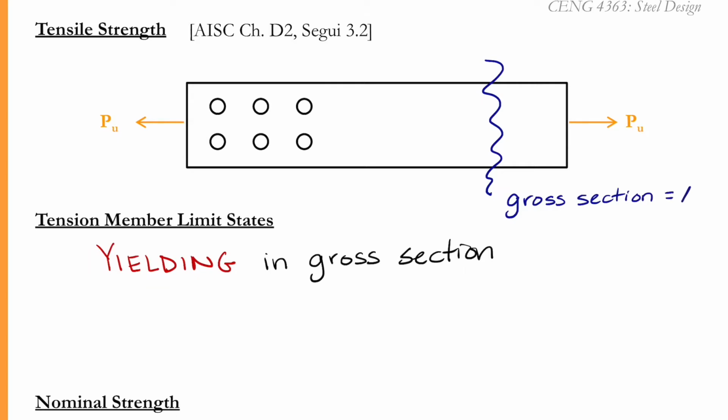We call the gross section A_g in steel design. The problem with yielding, as we showed in the demonstration, was that it leads to very excessive deformations, and that is why we don't allow tension members to exceed their yield capacity.